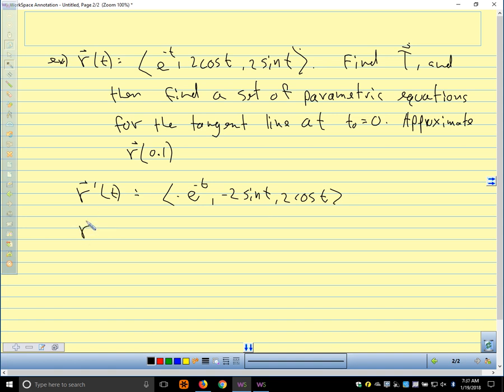The magnitude of R prime, we need to normalize this for our unit tangent vector, is going to be the square root of minus e to the minus t squared, plus minus 2 sine t squared, plus 2 cosine t squared.